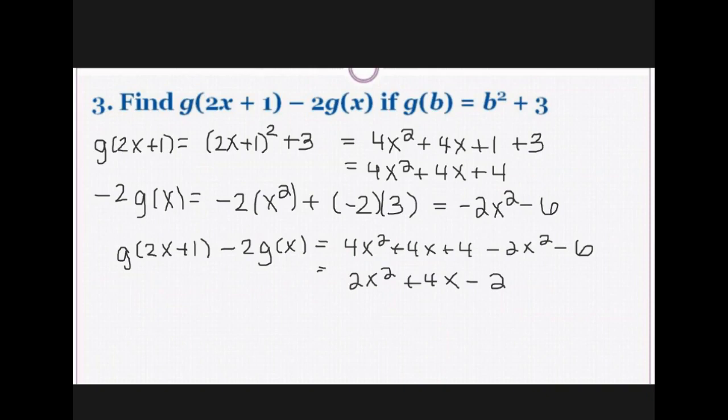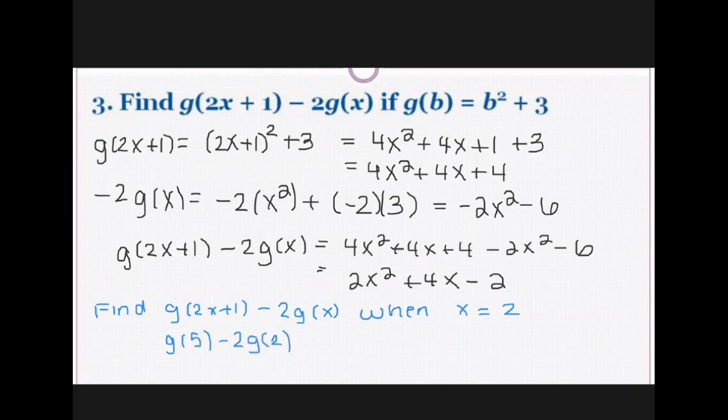But what happens if you got asked to find g of 2x plus 1 minus 2g of x when x equals 2? So now what that means is that you have to replace every x with a 2. So it's kind of like saying finding g of 2 times 2, which is 4, plus 1, which is 5, minus 2g of 2.